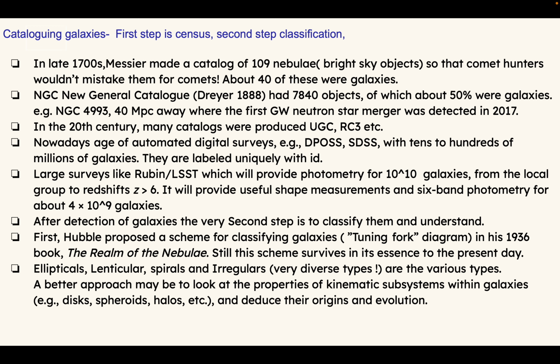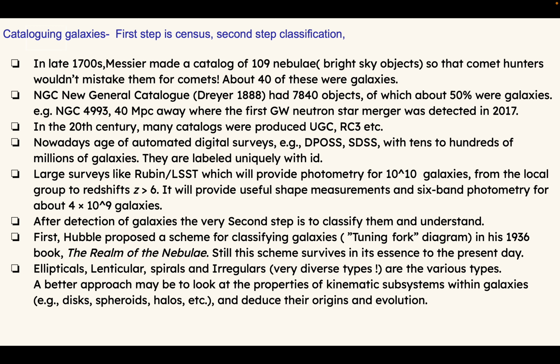In 1888, Dreyer, another astronomer, introduced another catalog. This is known as the NGC catalog, or the New General Catalogue, that had about 8,000 objects, of which around 50% were galaxies.